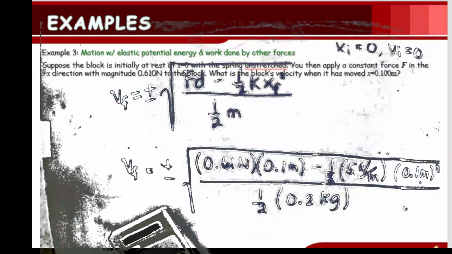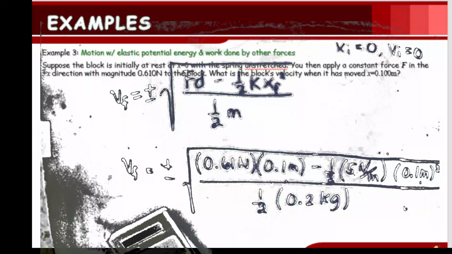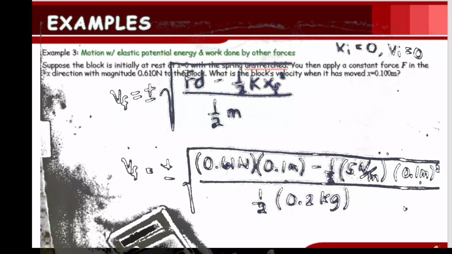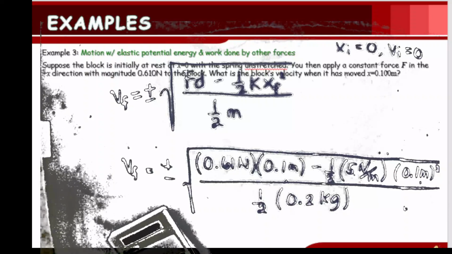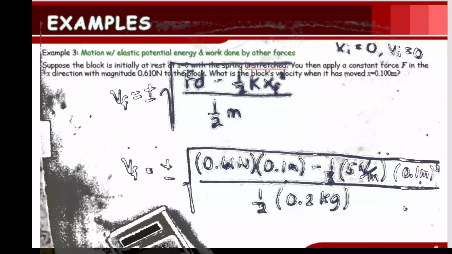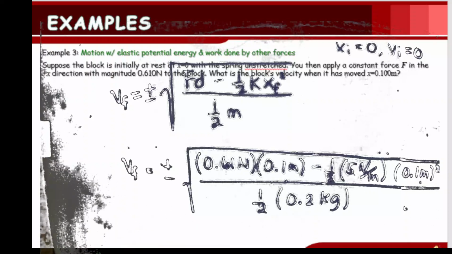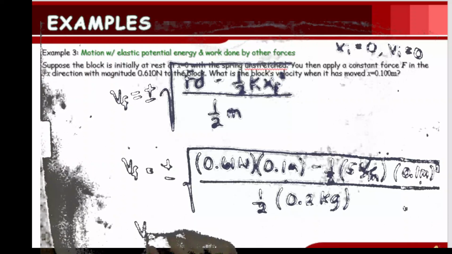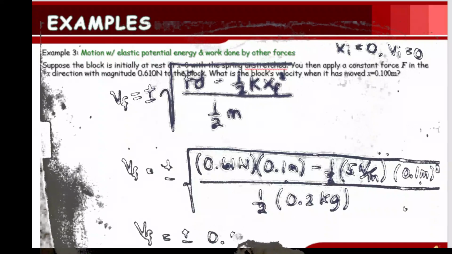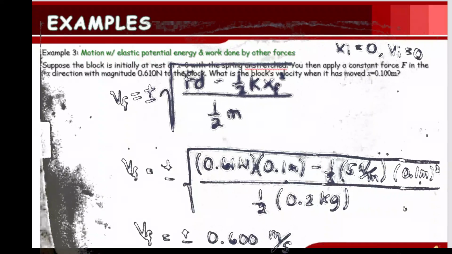Okay, so punching it in the calculator, we will get 1/2 times 5 times 0.1 squared, divided by 1/2 times 0.2. Take the square root. Okay, if I'm not mistaken, that is 0.6. So the final velocity is plus minus 0.6 meter per second.